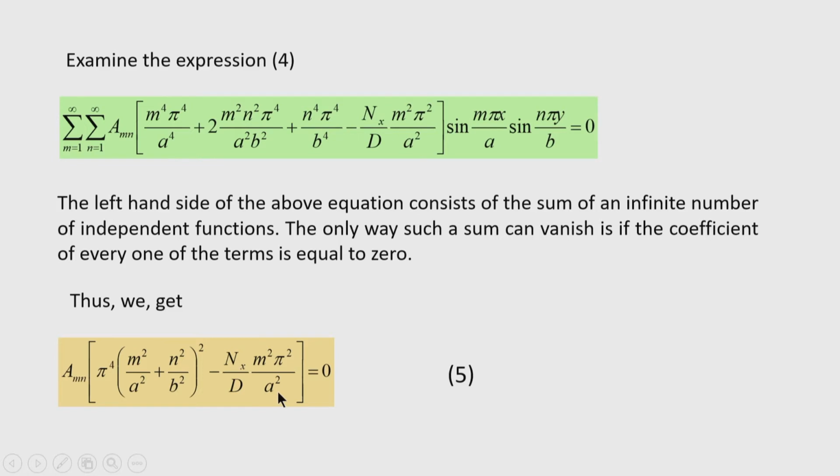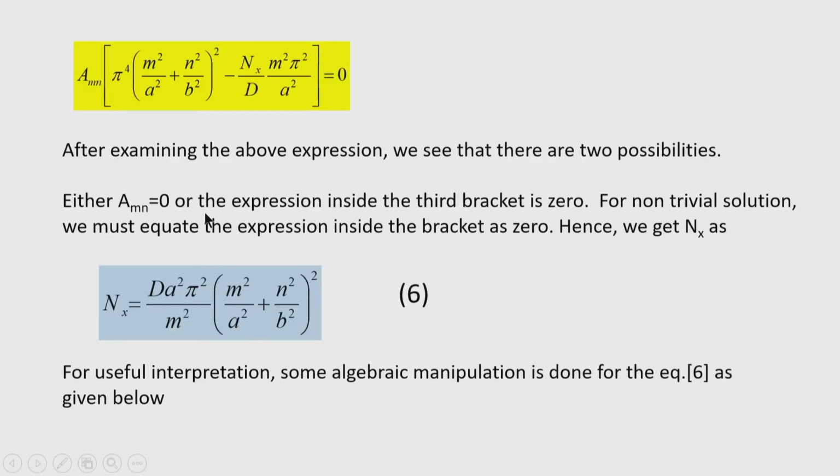Okay. So, we ultimately get that N_x equals, okay, since a_mn is not 0, a_mn cannot be 0. Two possibilities are there, one is a_mn is 0 or the quantity inside the bracket is 0, but if a_mn is 0, then the solution is a trivial solution. So, therefore, the quantity inside the bracket is 0.